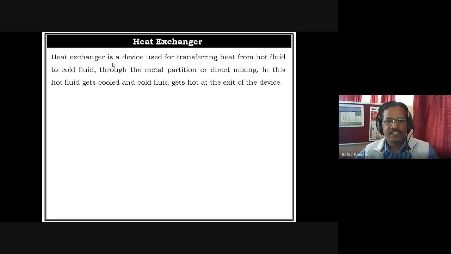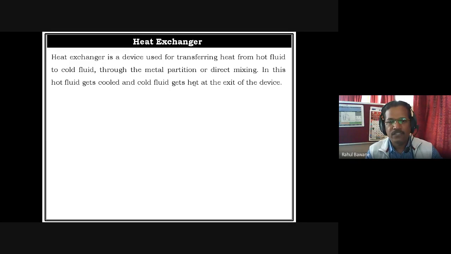So a heat exchanger is a device used for transferring heat from hot fluid to cold fluid through a metal partition or direct mixing. Now, why is it said a metal partition? Because if we don't want direct mixing of two fluids, suppose a plant is using oil as a lubricant oil.